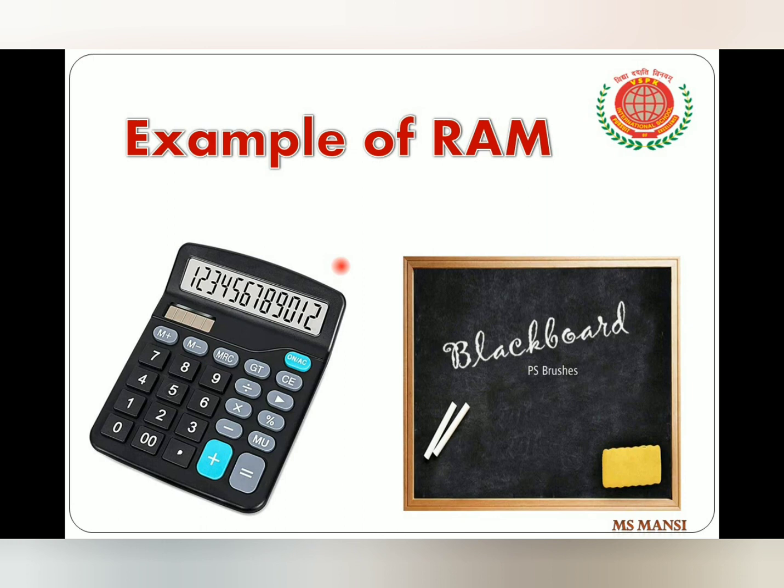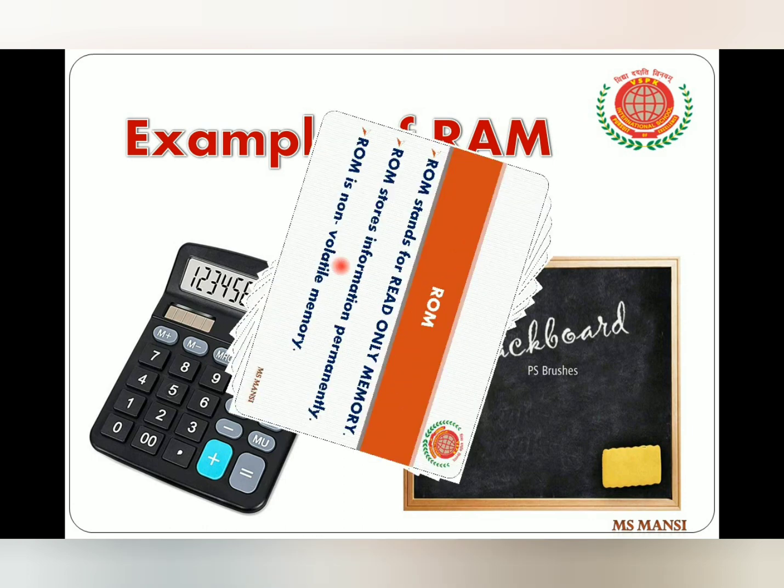For example, you have just written something on the blackboard, and when you rub it, you can never get back the work written on the blackboard. That's why RAM is also volatile memory. The work which we are doing, if the power goes off, then all the content will be lost.